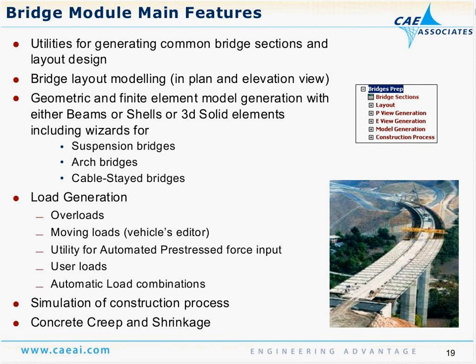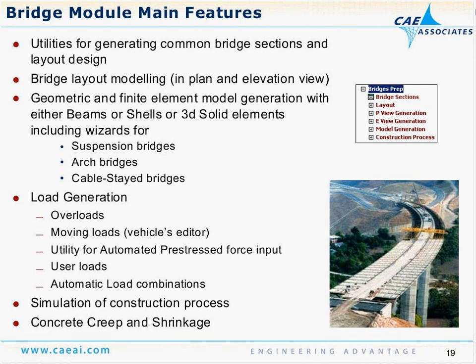There are a number of functionalities to automate the process of applying loads, in particular for moving or vehicle loads. So you can pick, for instance, an AASHTO predefined vehicle load and prescribe that you want it to sequentially move across the bridge deck, and you can run that series of simulations, and then do envelope type calculations on the post-processing side to figure out what the worst case scenario is.